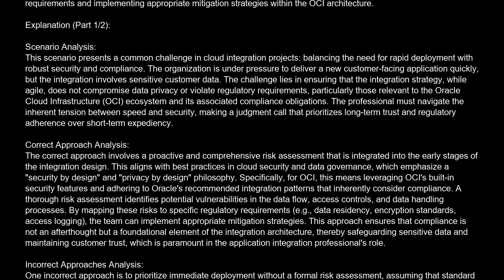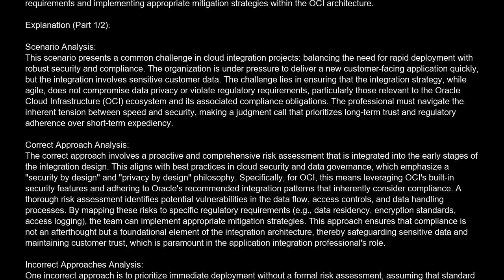The challenge lies in ensuring that the integration strategy, while agile, does not compromise data privacy or violate regulatory requirements, particularly those relevant to the Oracle Cloud Infrastructure, OCI, ecosystem, and its associated compliance obligations. The professional must navigate the inherent tension between speed and security, making a judgment call that prioritizes long-term trust and regulatory adherence over short-term expediency.